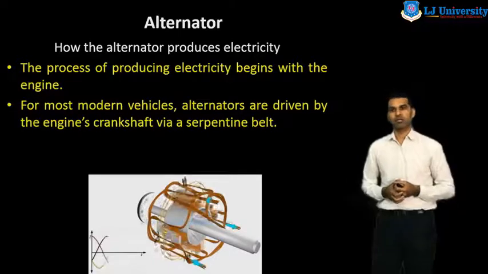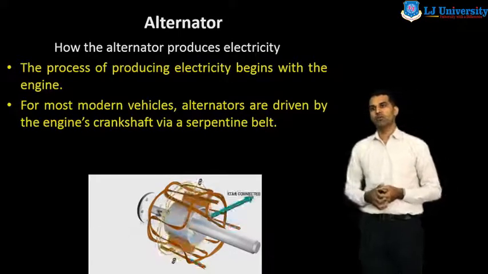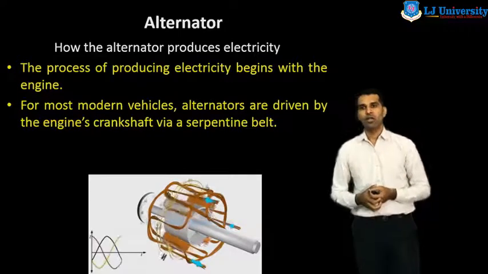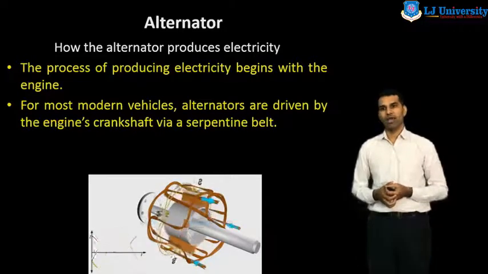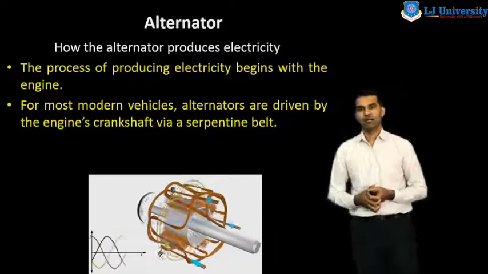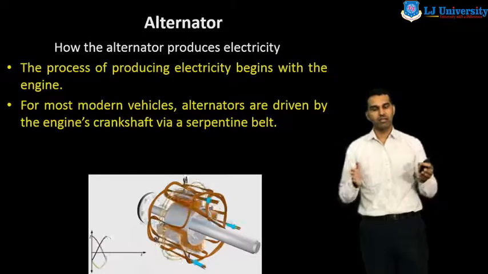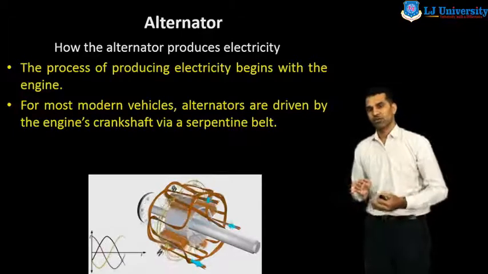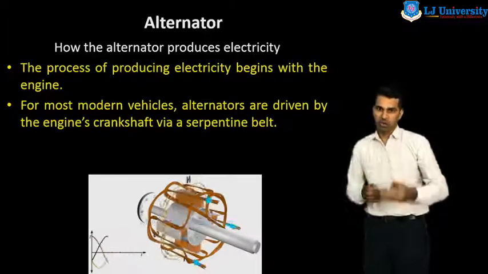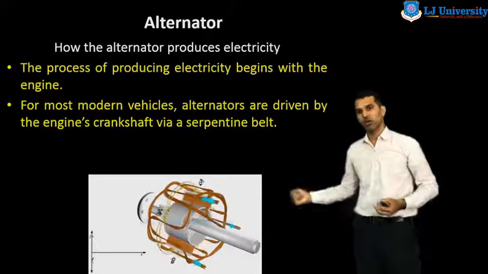So now we understand the operation. For most modern vehicles, alternators are driven by the engine crankshaft via a separate belt. One belt is attached to the engine crankshaft, so when the crankshaft rotates, the alternator is also rotated.